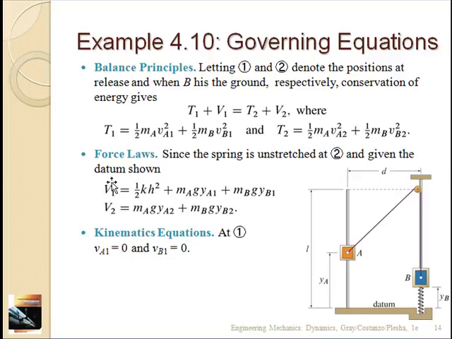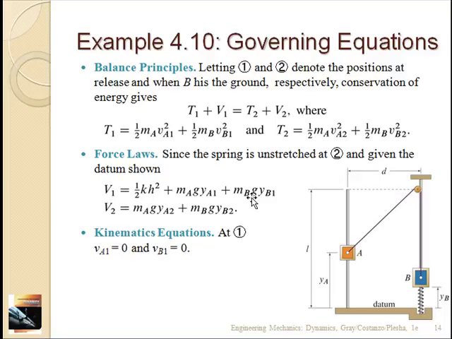So the initial potential energy is the initial energy stored in the spring, 1/2 k h squared, where h is the initial stretch in the spring that was given to be 2 meters. Then there's the initial height of the massive part, block A times g times the initial height of A, relative to the datum, which turns out to be 0.